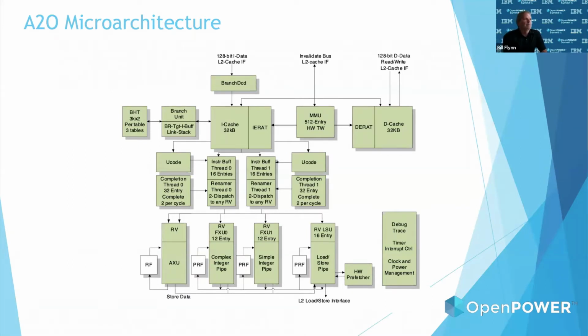And I think the bottom right shows that there's also a prefetcher for the D cache. And same as A2I, the RAS, test, debug, performance monitor type logic is all built in already.